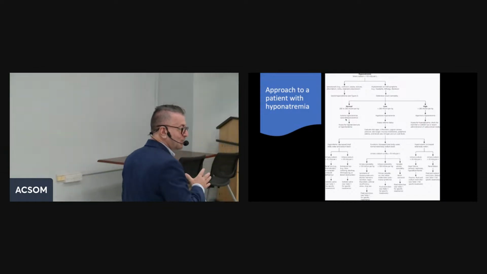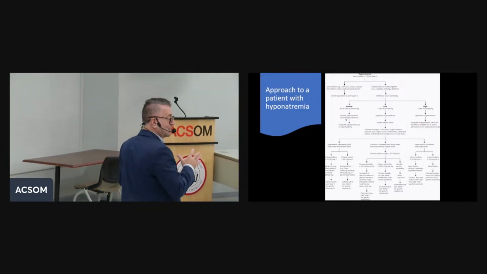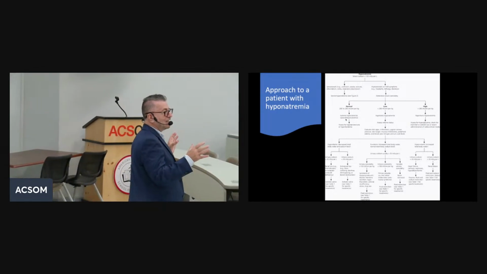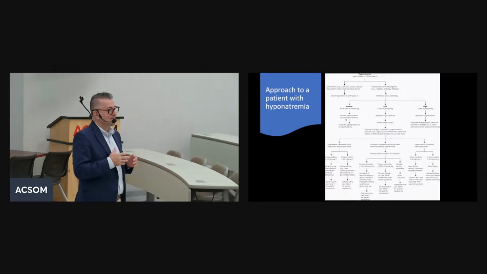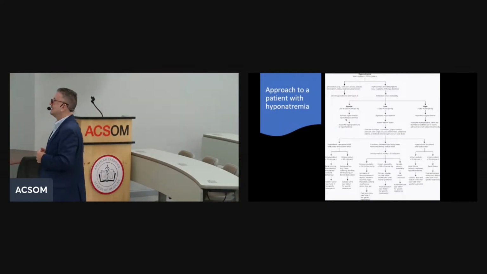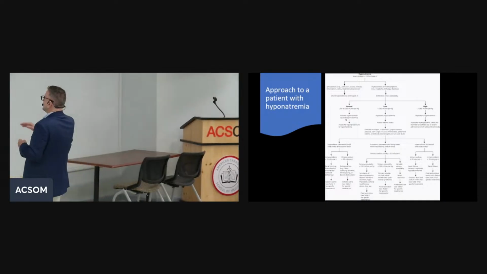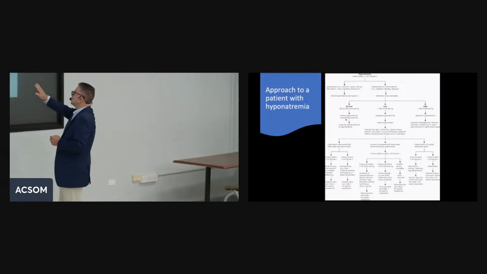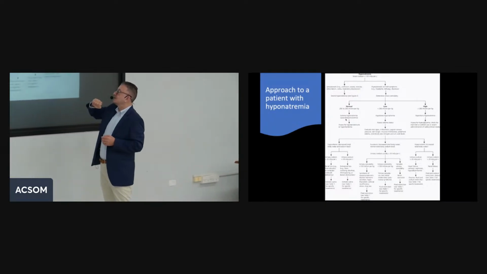So somebody who has hypervolemia and hyponatremia, either they have kidney problems, liver problems, or heart problems. And you have to treat the underlying disease for them. Okay? I'm not going to get into checking the urine sodium. We're going to go over that later on.